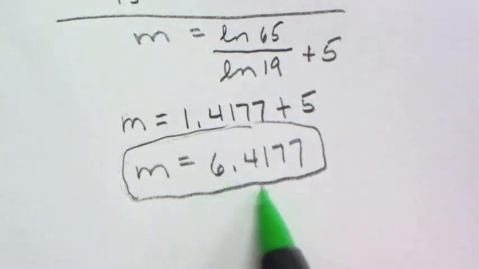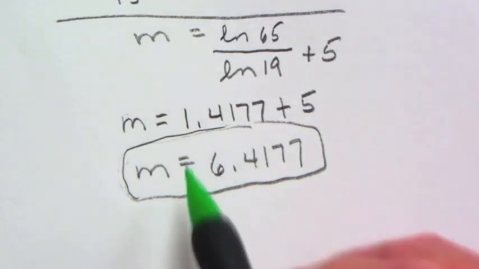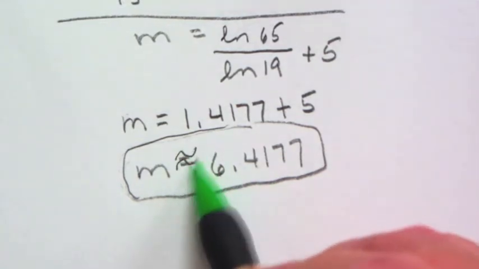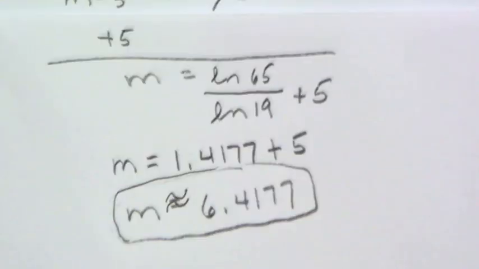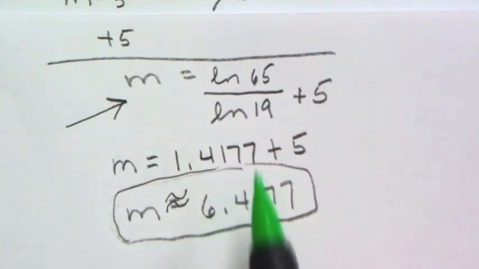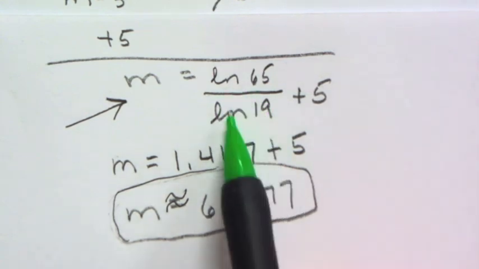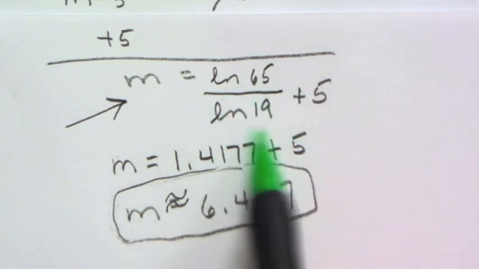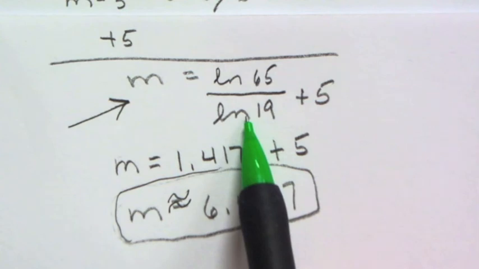m equals 6.4177. This is an approximation, whereas this answer here is an exact answer, although it doesn't look real nice. I know that most of you wouldn't like the way this looks, but this is an exact answer.